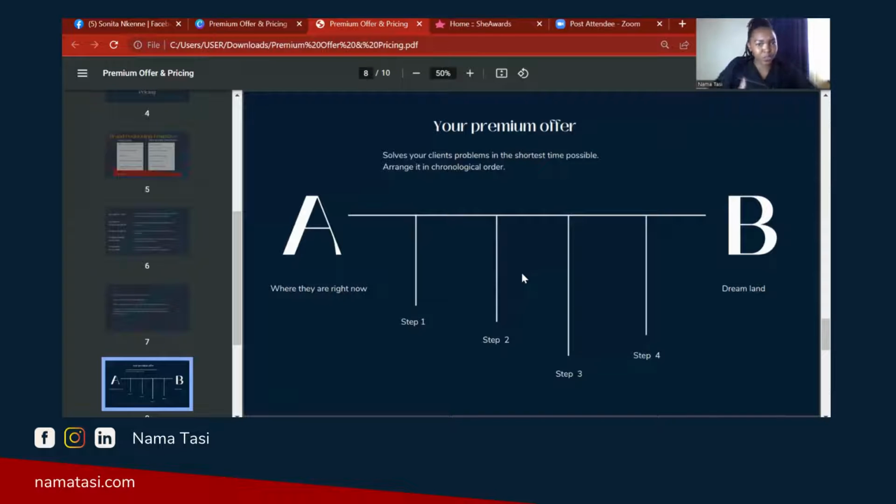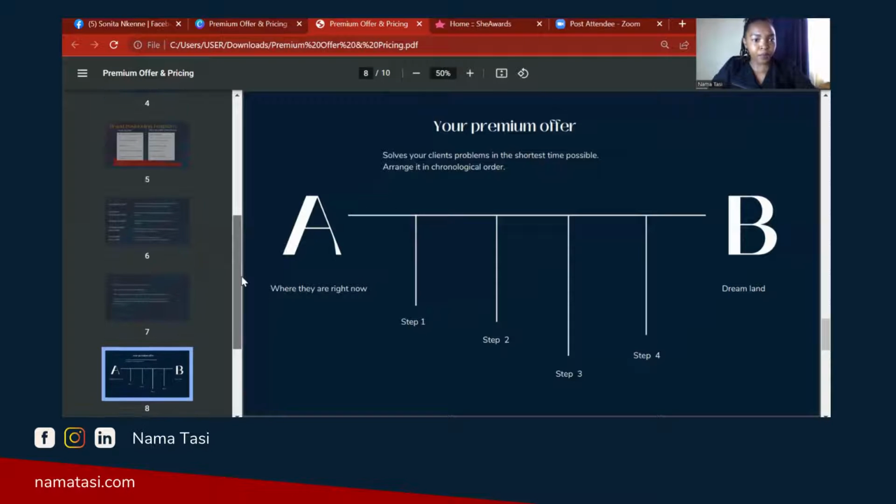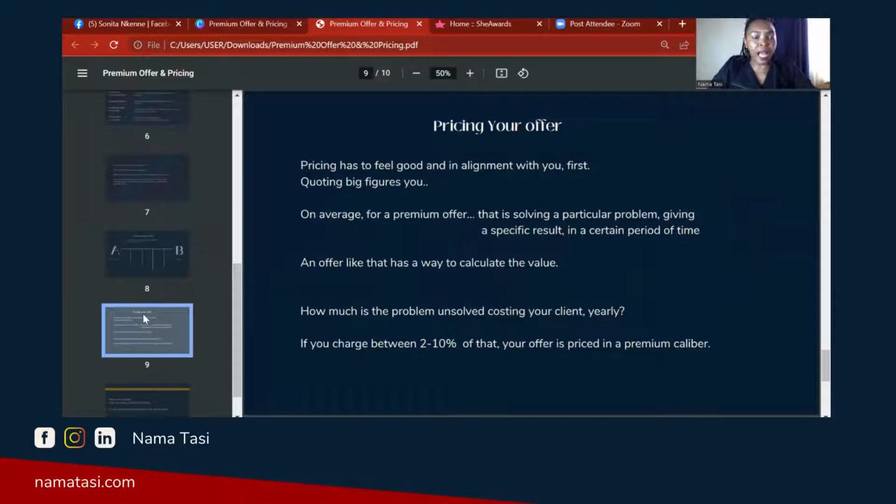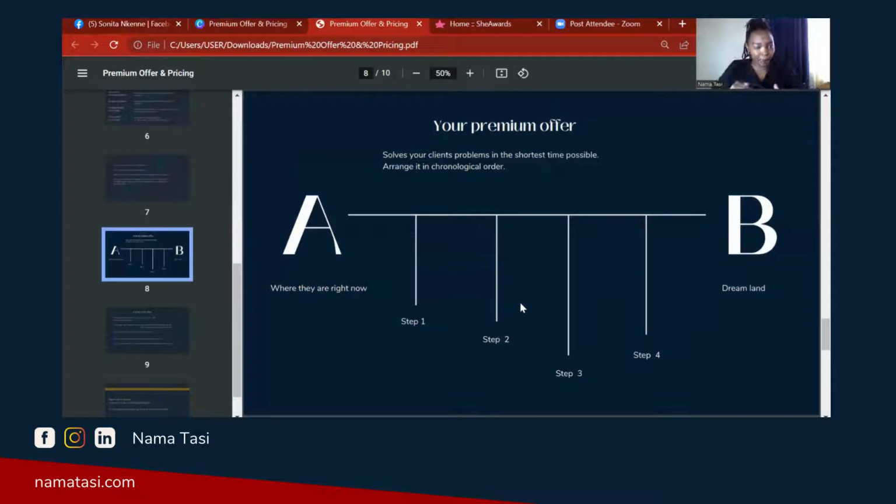So as you sit down to create your premium offer, it's like, this is who my clients want, this is what they're suffering from. It's easy for you to create this premium offer. Are you seeing? So you do the same for your offer: step 1, step 2, step 3, step 4. And then break down each step. Let me see if I've written something here. Yeah, you break down each step.